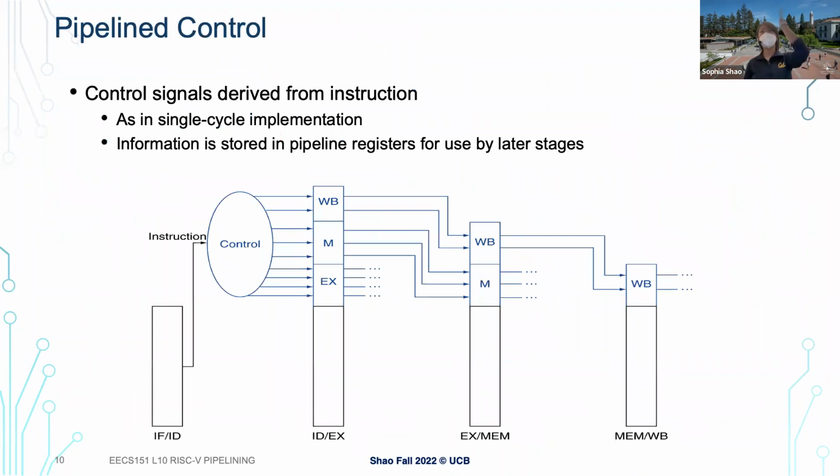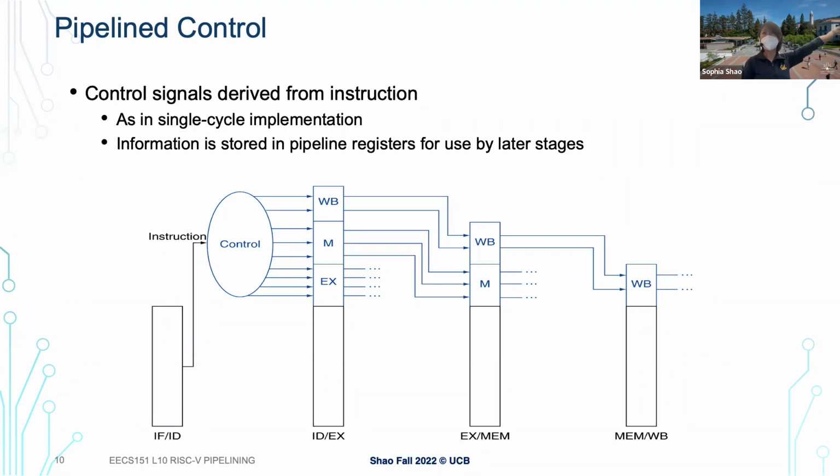Also pay special attention to your control signals. Make sure your control signals are propagated the same as your data signals, so you have the right set of control signals controlling your data for that stage. Pay special attention to that. If anything, that's one of the areas where you will spend a lot of time debugging: the control signals also need to be propagated through the pipeline.